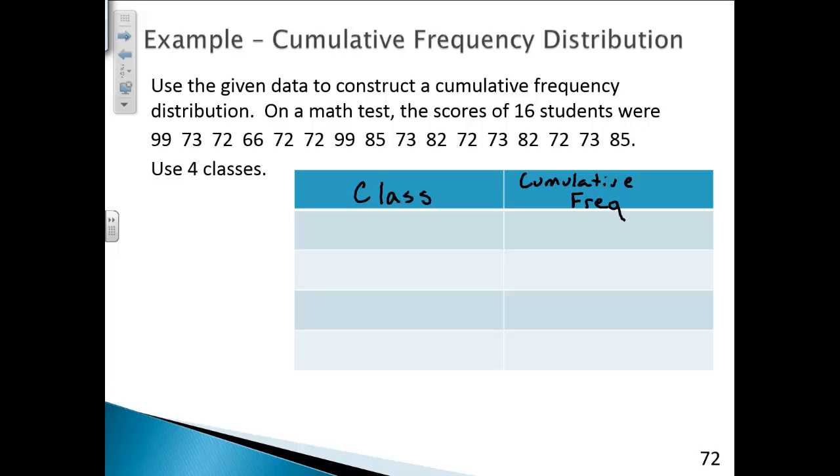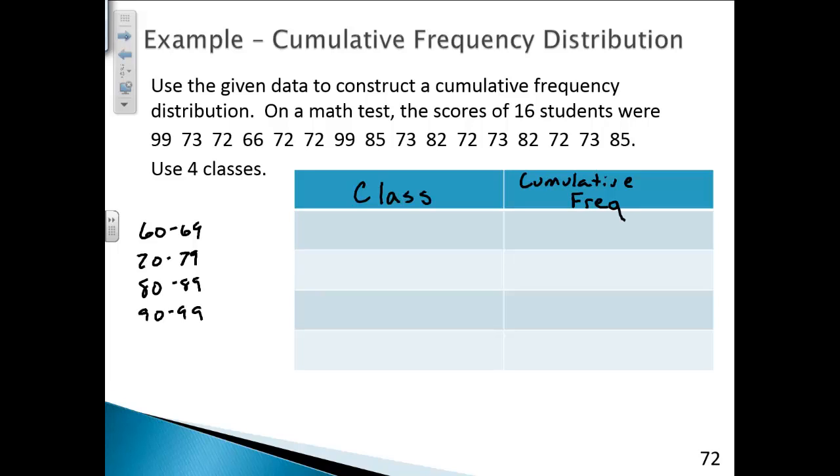To create the cumulative frequency distribution, we're going to look at the classes from the frequency distribution or the relative frequency distribution, and those classes were 60 to 69, 70 to 79, 80 to 89, and 90 to 99.